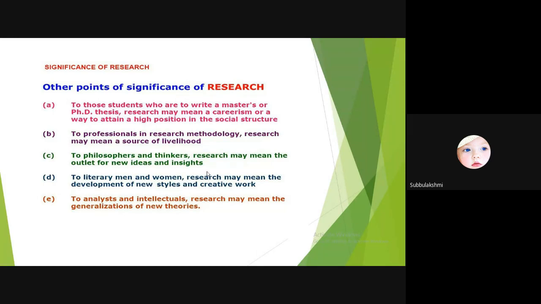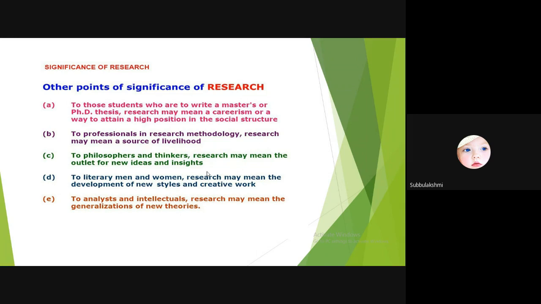For a professional, research means a source of livelihood. For a philosopher and a thinker, it means an outlet of new ideas and insights. For literary men and women, it means the development of new style and creative work. To an analyst and an intellectual, research means generalization of new theories. So the focus of research varies from individual to individual.